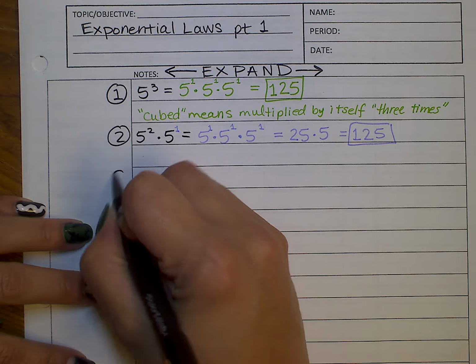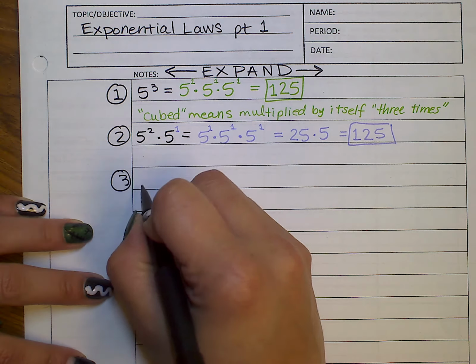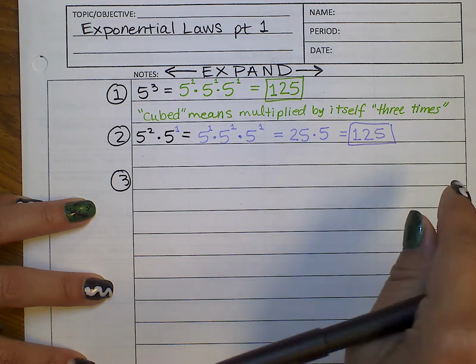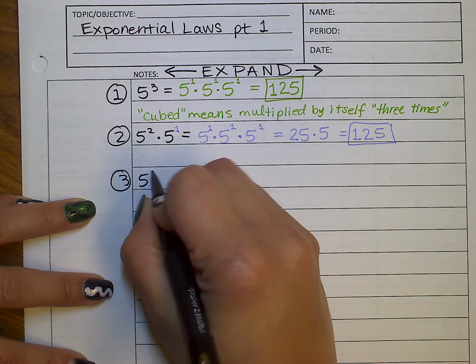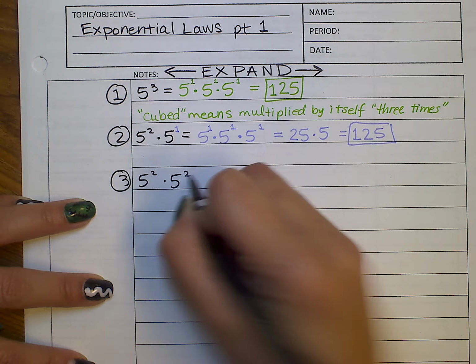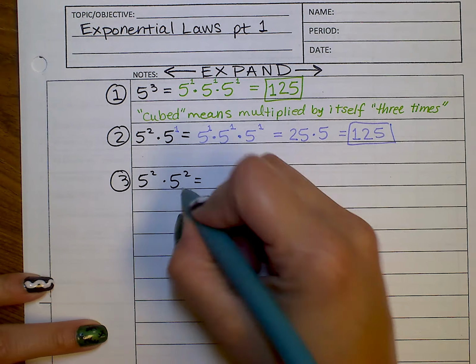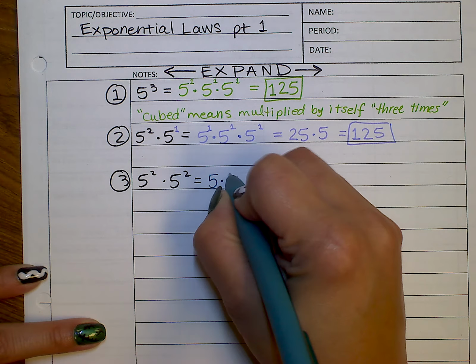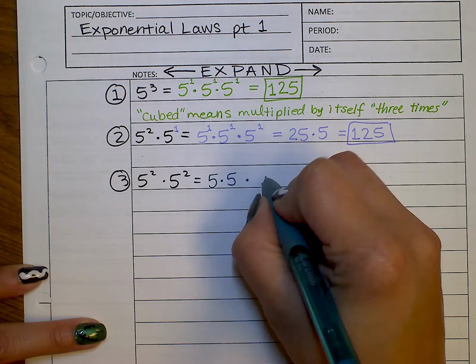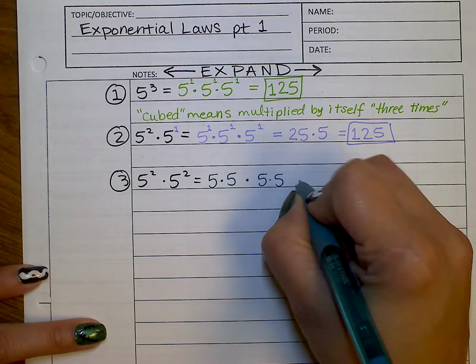Example 3. Let's take 5 squared times 5 squared. And here, you guys told me that that would be 5 times 5 times 5 times 5.